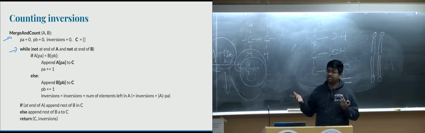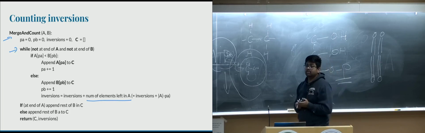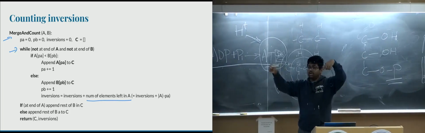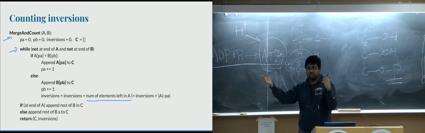And by how many units will we be moving it? It will be the number of elements left in A, right? Does that make sense? So we are moving that element in B towards the left. That means all the elements in A are going to be on the right side, right? But that's the condition.